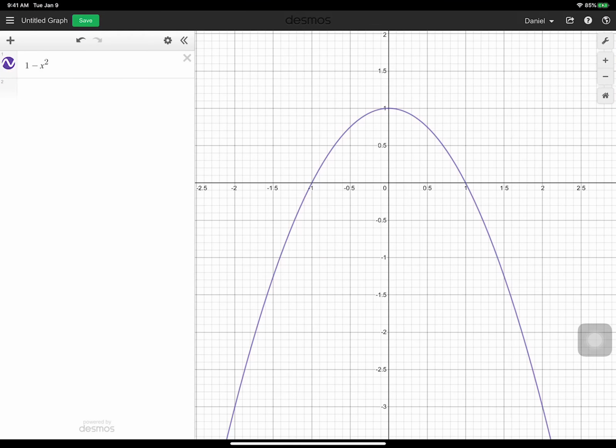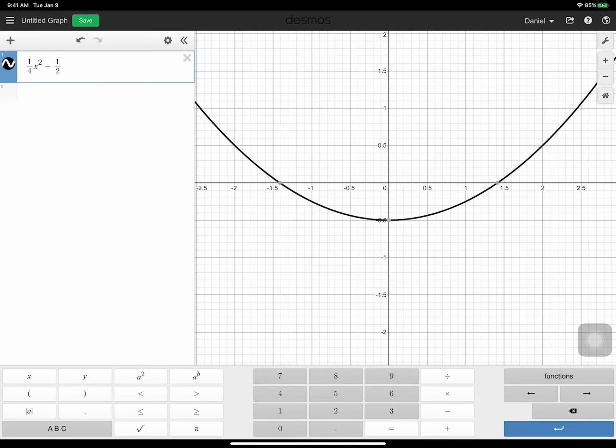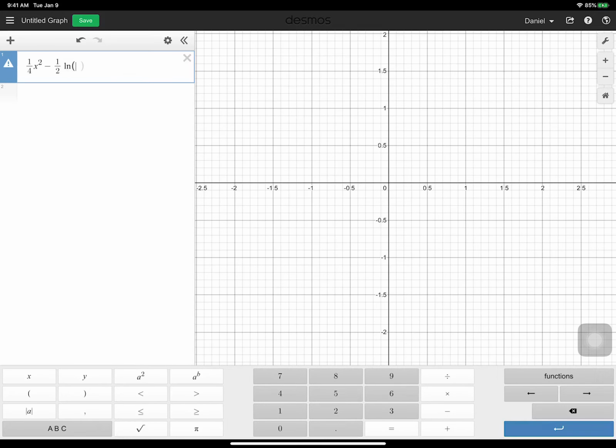So if we go to our curve here, 1/4 x squared minus 1/2 natural log x. So we need another function. Go to functions, and there we go. Now x goes from, in this example, 1 to 2.